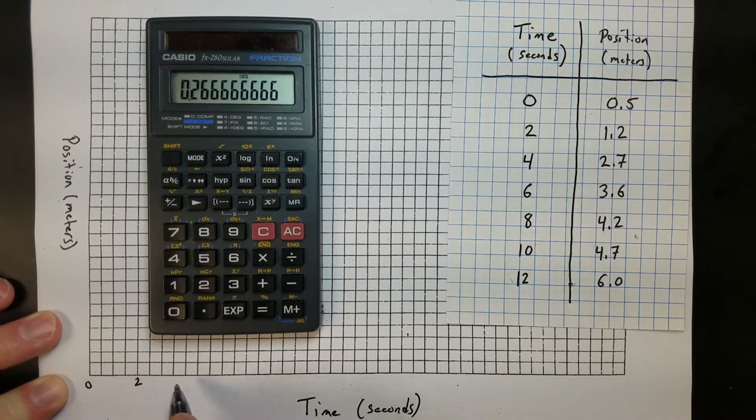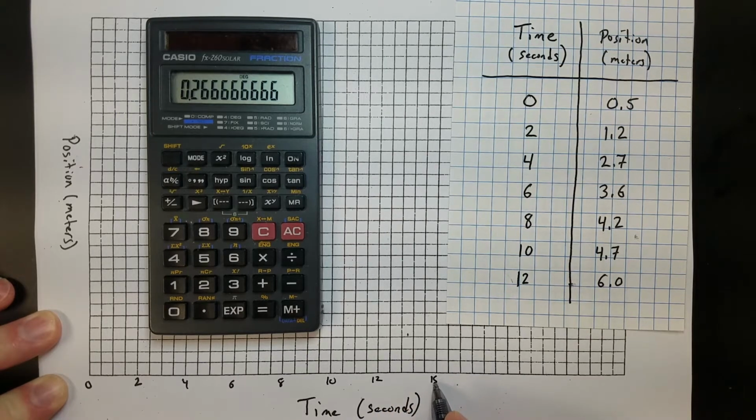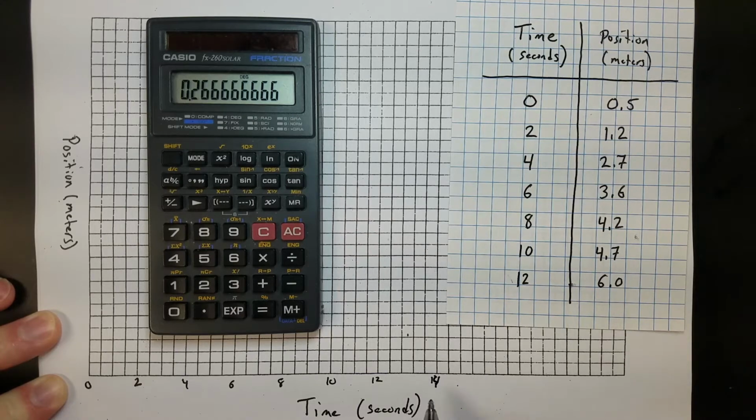That's 3, 4, 5, 6, 7, 8, 9, 10, 11, 12, 13, 14. And as long as you go at least halfway along that side, you're going to have a good graph.